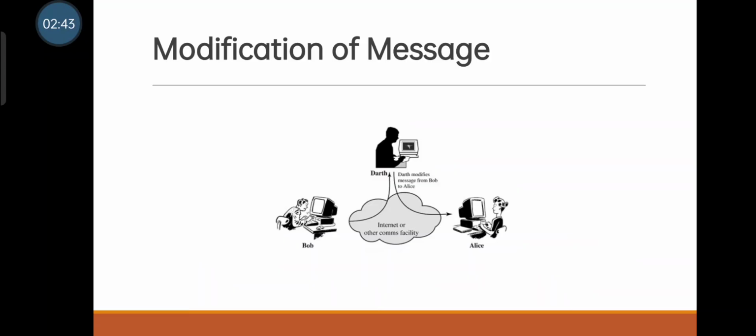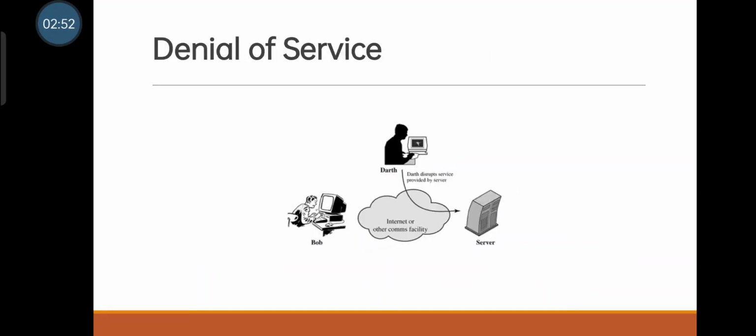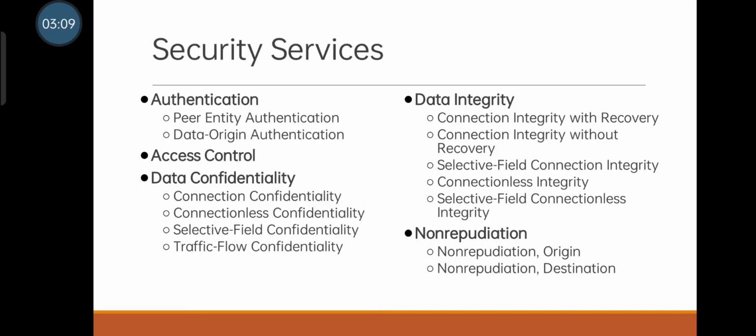Modification of message is when the hacker tries to hack the message, modify its contents, and send it to the receiver. Denial of service makes the server unavailable. The hacker sends a large number of requests to the server, so that the server is not able to serve others' requests. That is denial of service.